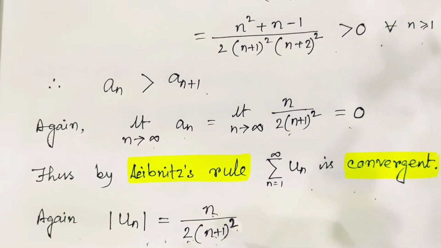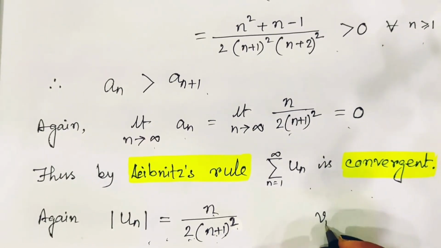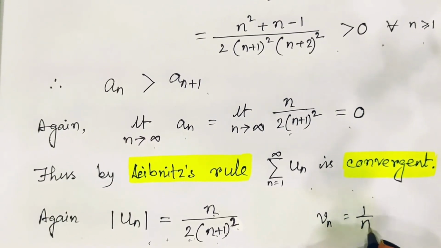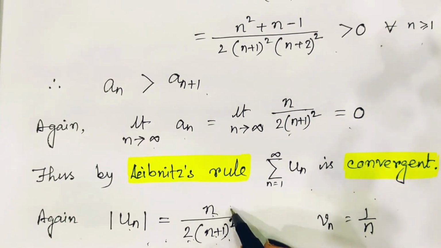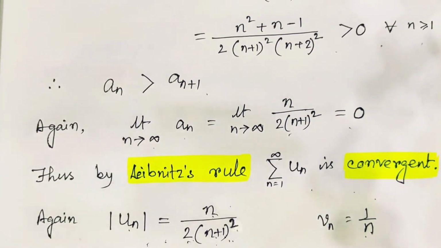So for the comparison test, we should consider our v_n as 1 upon n. Yes, because if we consider v_n as 1 by n, then when we substitute u_n by v_n, the powers of n in the denominator and numerator become equal.